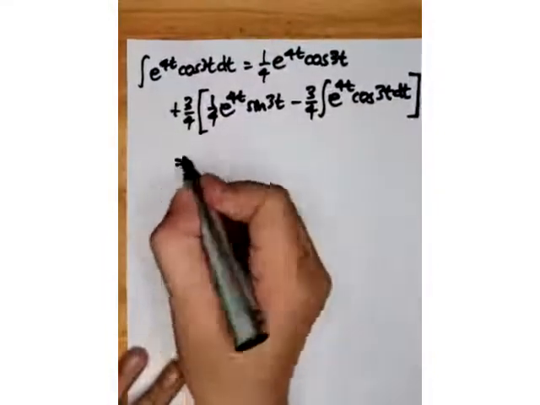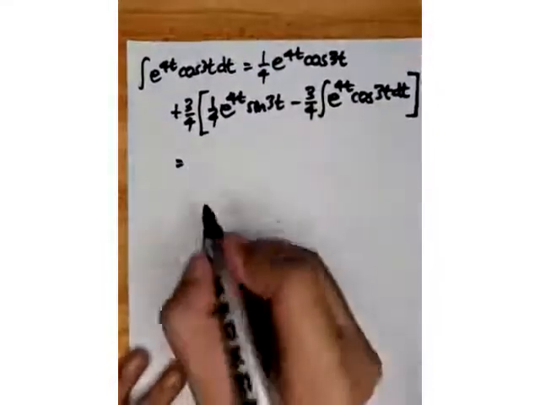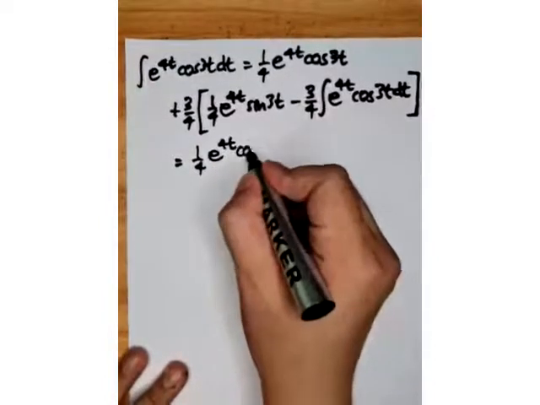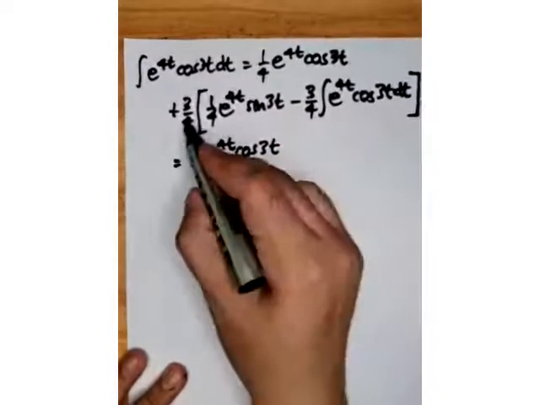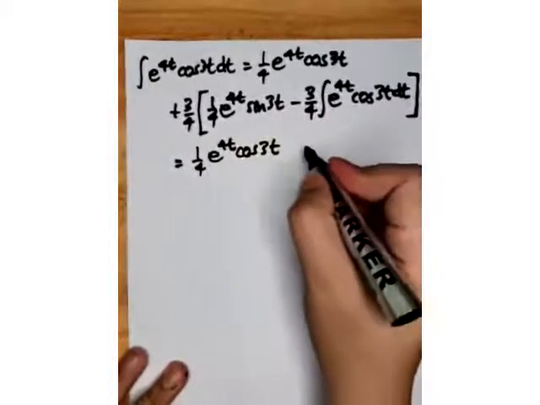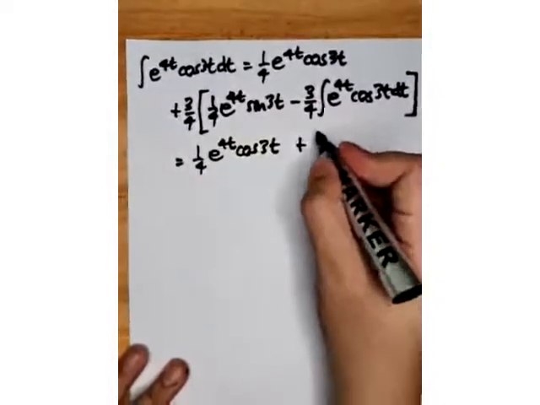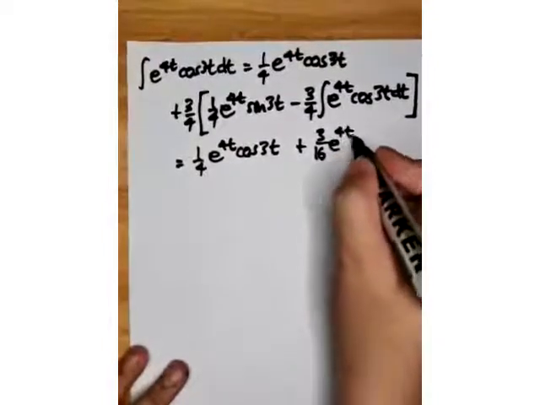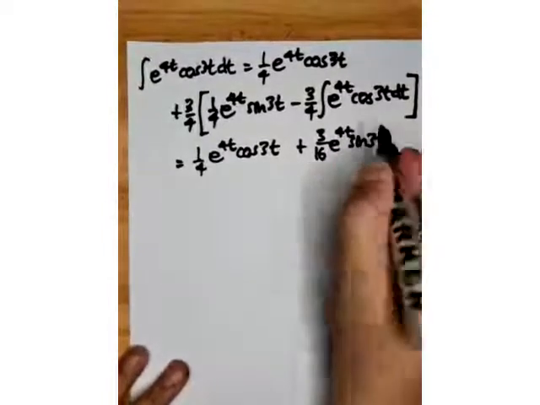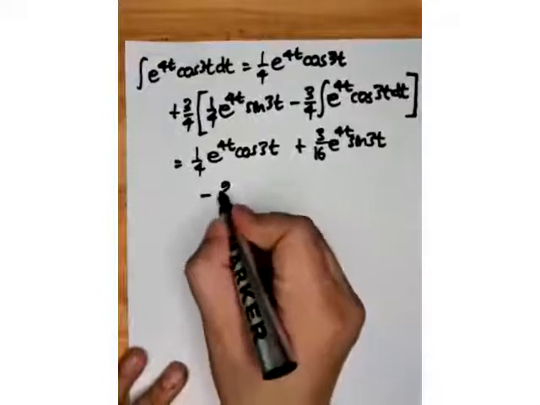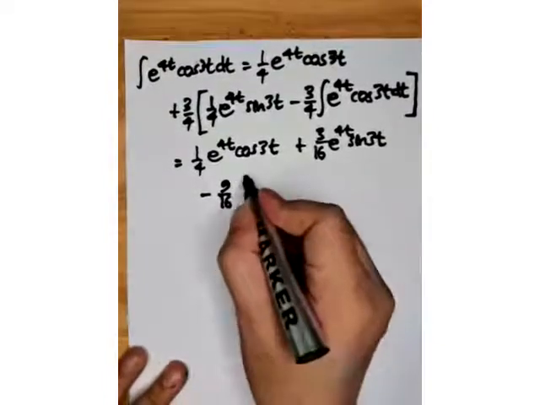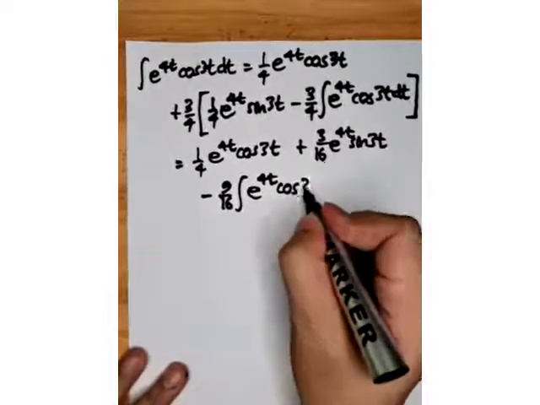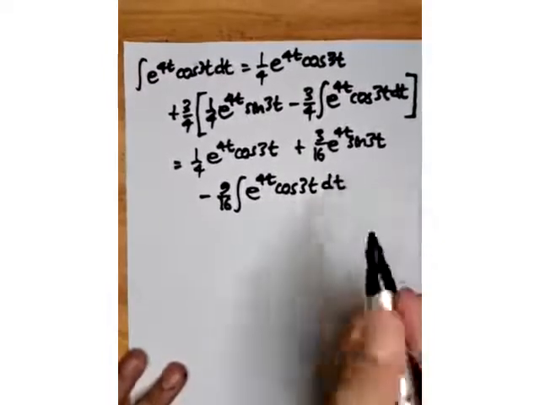So that's equal to 1/4 e raised to 4t cosine 3t, and then we distribute this, plus 3/16 e raised to 4t sine 3t minus 9/16 the integral of e raised to 4t cosine 3t dt.